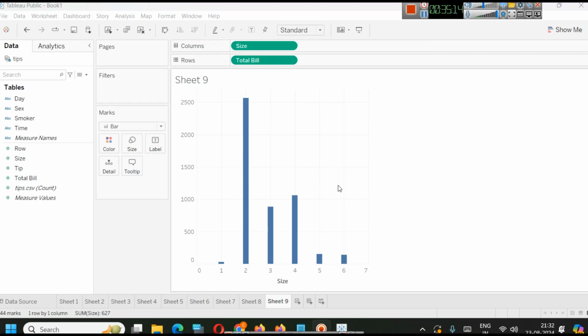So now what is this telling us? The sum of total bill, or the amount of total bill. You can see the numbers, right? The number of people who came to eat. So couples are there, right? We can say most of them were couples. And you have seen tables in restaurants, right? There are tables with 4 people, 5 people.